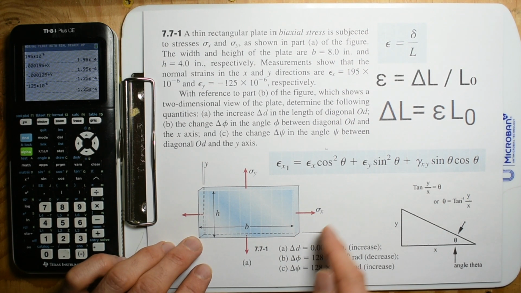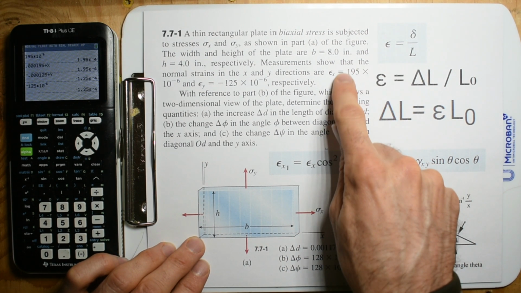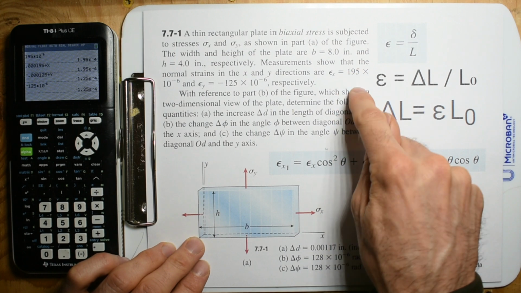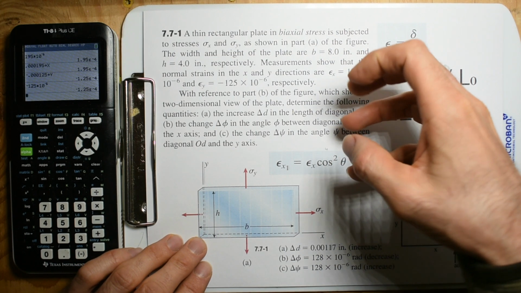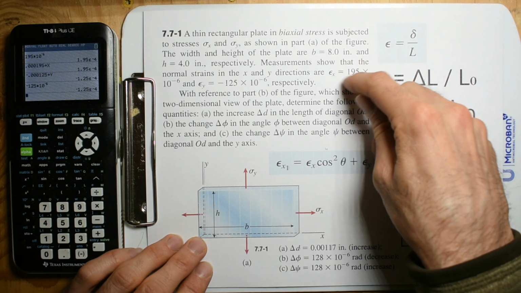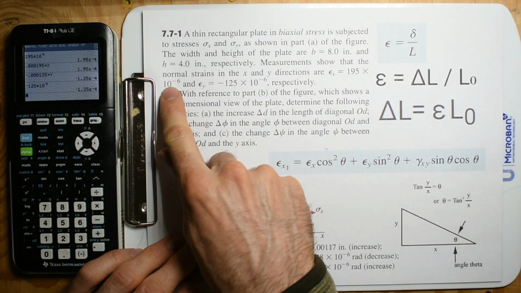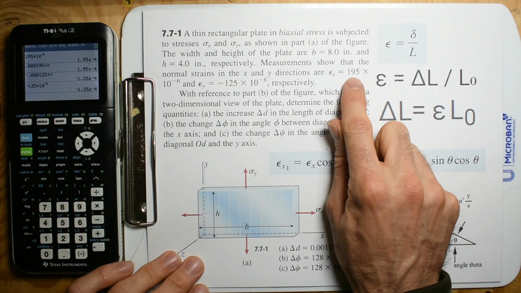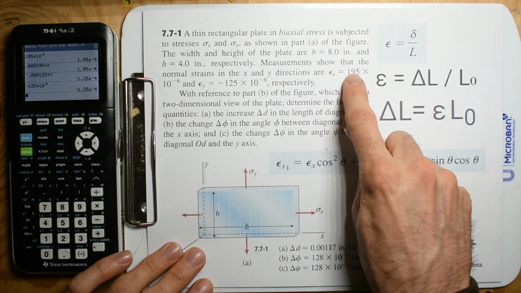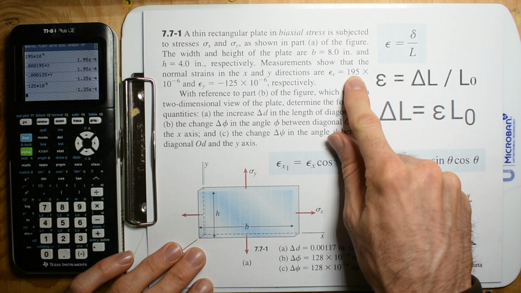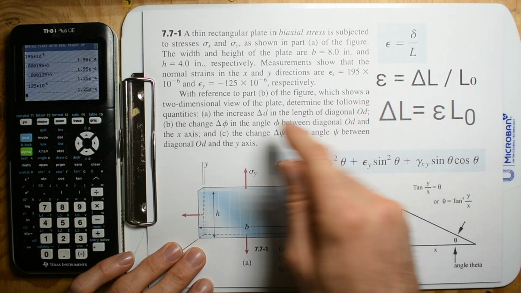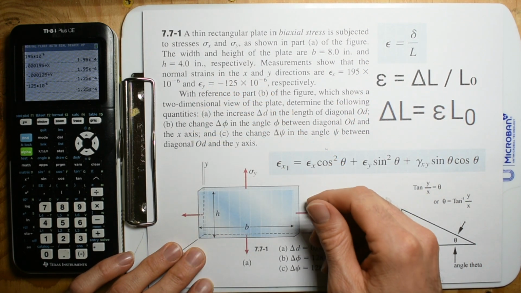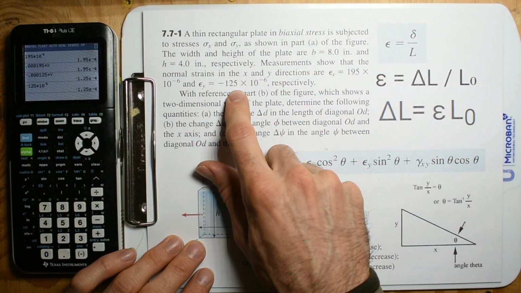And so we know that the change in length is this 195, and this is a very good time to just think of this as a quantity of 195. I mean, that's why they do this, because humans do not like small numbers. But in general, we're just comparing this 195 to a 125. You know, we know that this is negative, that means something.